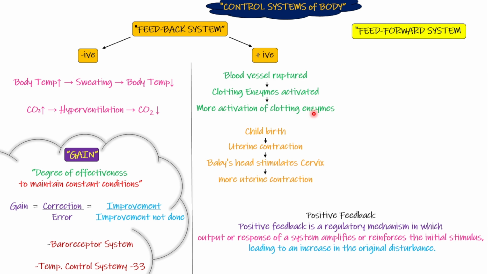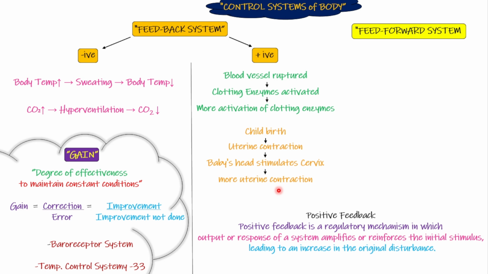Okay, the next example is childbirth. During childbirth, there are uterine contractions, and whenever there is contraction of the uterus, the baby's head moves forward towards the cervix and stimulates it. Stimulation of the cervix sends impulses back to the uterus for further contractions.